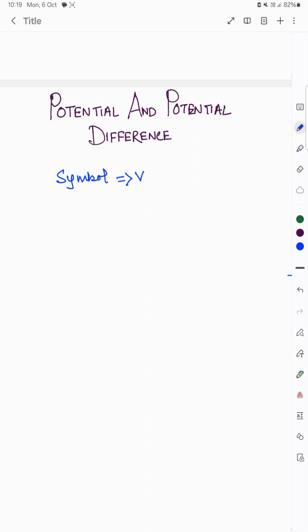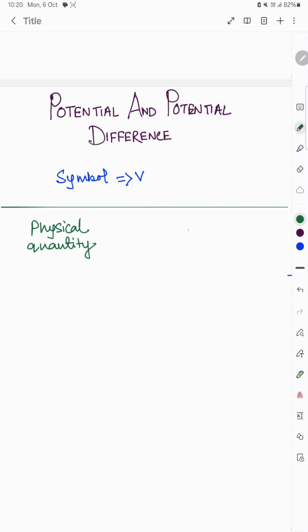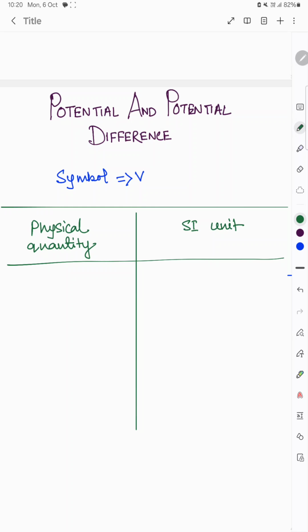Okay, so it has magnitude, but it does not have any direction. Now, coming to the part of units, I'm deviating a little bit and writing all the units. So the physical quantity, and SI unit. Okay, first is charge, and I'm making another column for symbol.